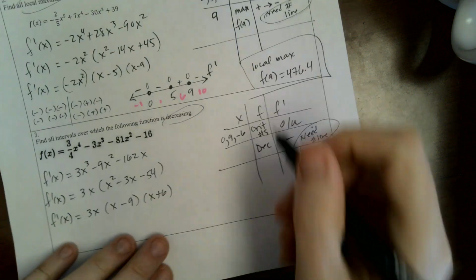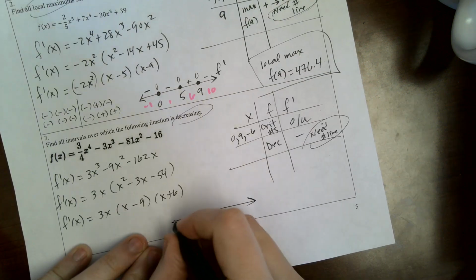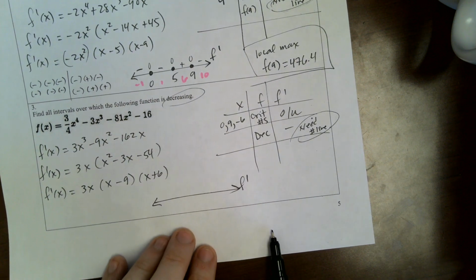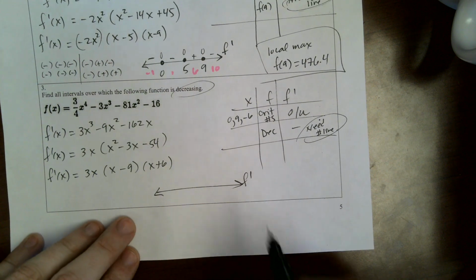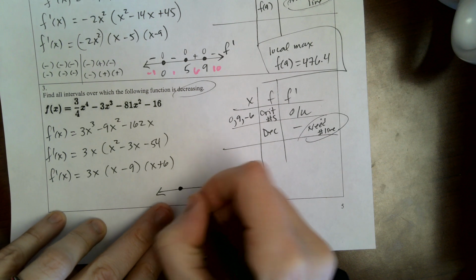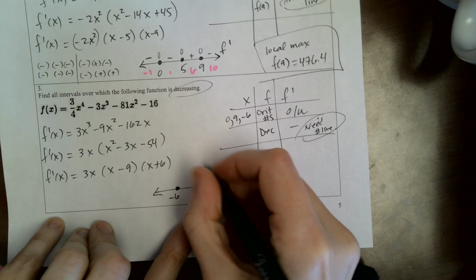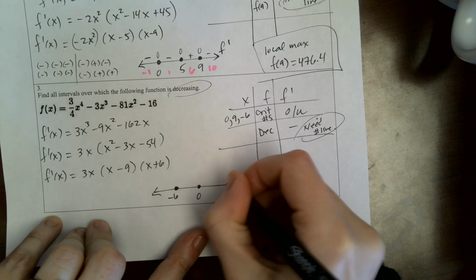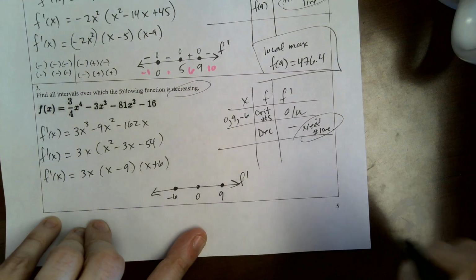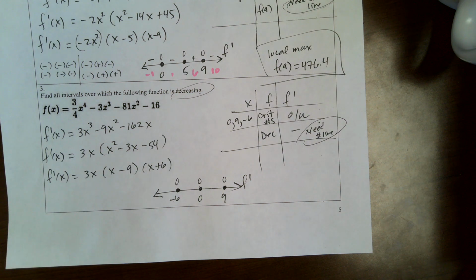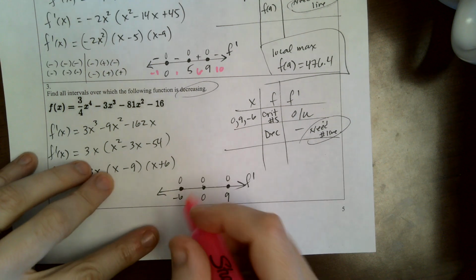Okay, so we're gonna take a number line, label it f prime, put your critical numbers on there in order, be careful, so -6, 0, and 9. Oh, and I'll put zeros above because at those values, f prime is 0. And now we need testing points.